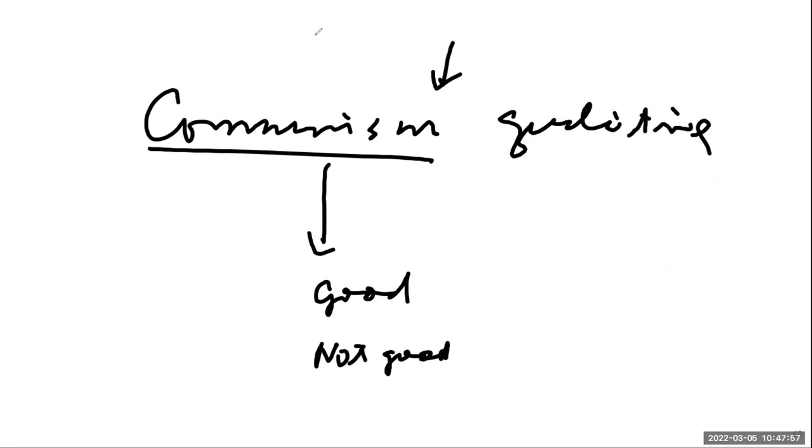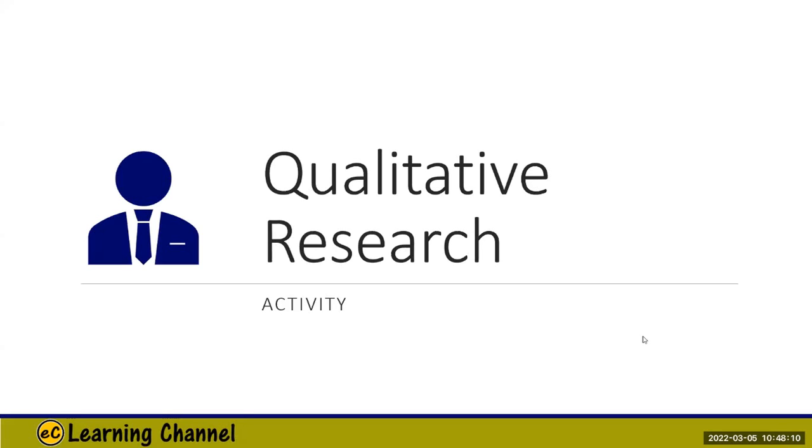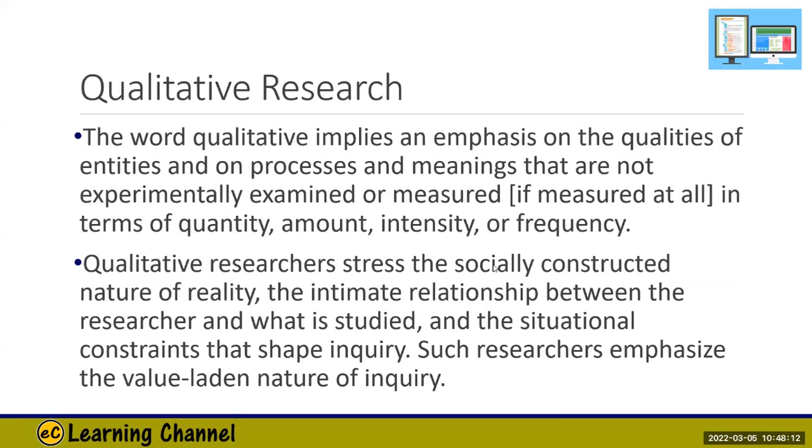You cannot collect data and say, this one we have this, and it's good, or that's bad, okay? This kind of thing actually involving personal judgment or the value system is called qualitative research. So the word qualitative implies emphasis on the quality of something, okay?